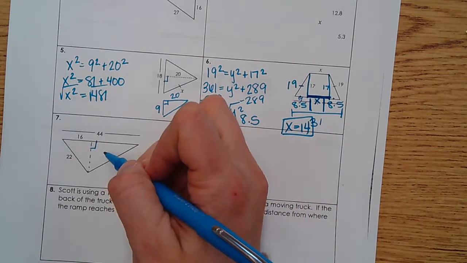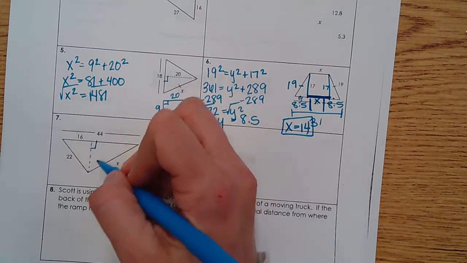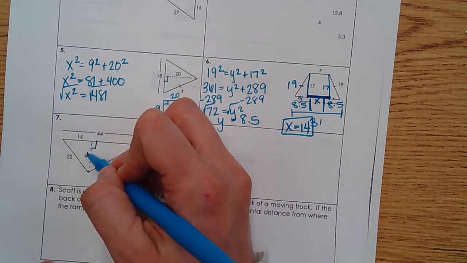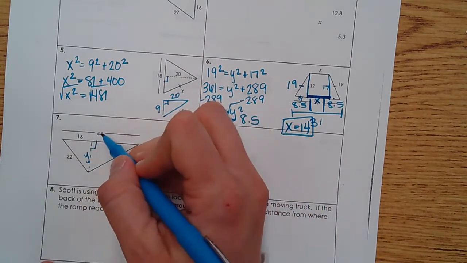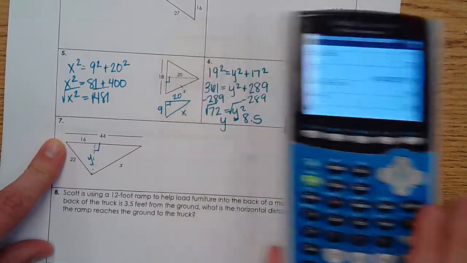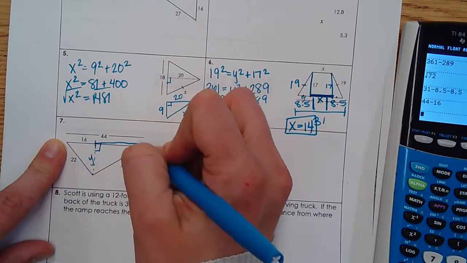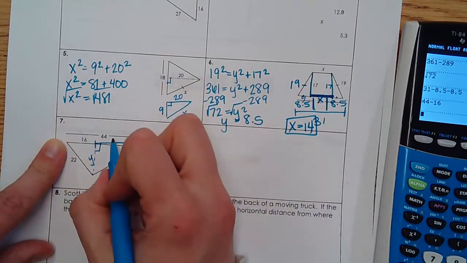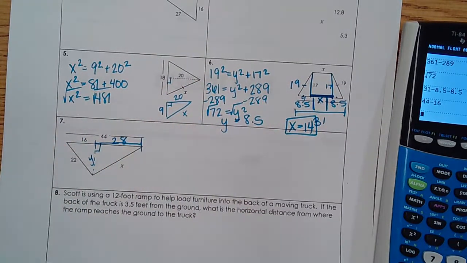So the first thing I need to do is I can find y here. So I can take the 44 minus the 16. And I know from here to here is going to be 28.